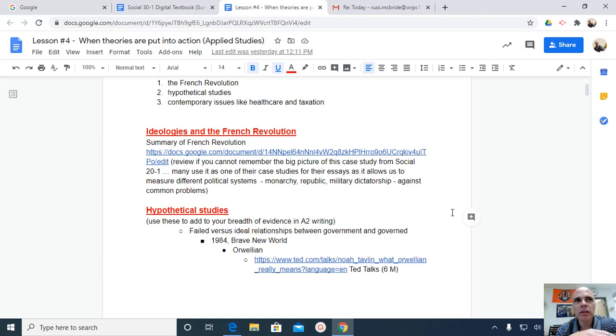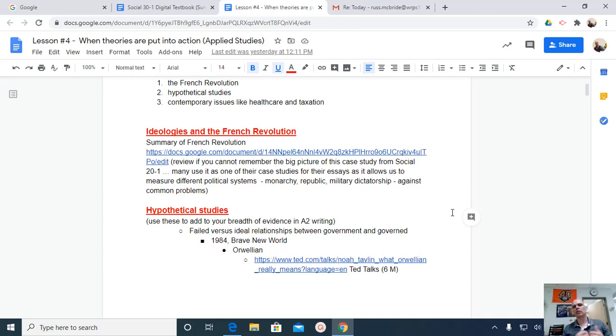Now, most of the Parisian street people were neither conservative nor reactionary, but they were quite liberal. And the more committed to change that they became, the more radical that they became as well. And there's a group of radicals called the Jacobins that were committed to using violence to achieve their ends. So at either end of the spectrum, you have radicals and reactionaries, both using violence, but to change France in different directions.